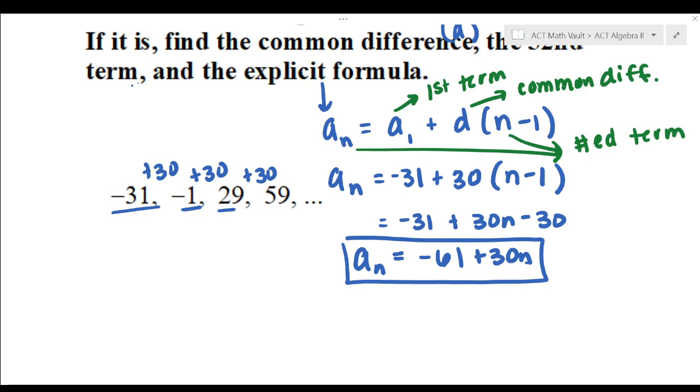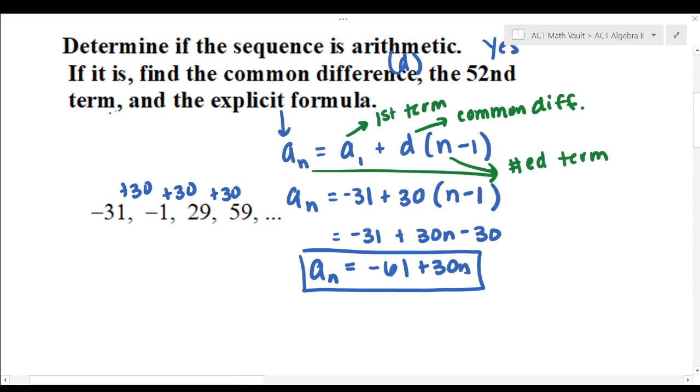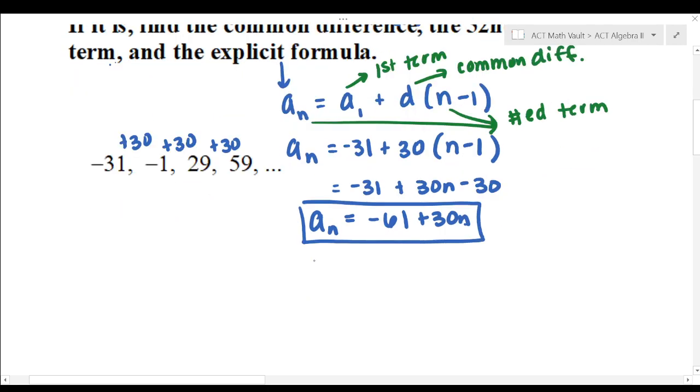So this one asks for the 52nd term, and all we're going to do is say a sub 52 is negative 61 plus 30 times 52, and then simplify. Remember, you have access to a calculator on this test.